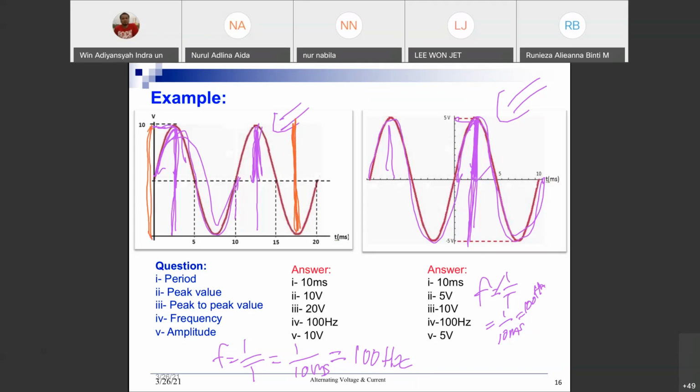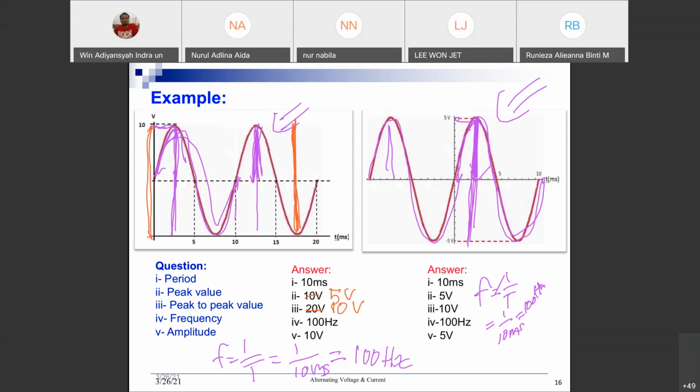So this is 10. Then peak value is 5 then. Good. Okay, so sometimes even the textbooks can be wrong, you know, make mistakes.